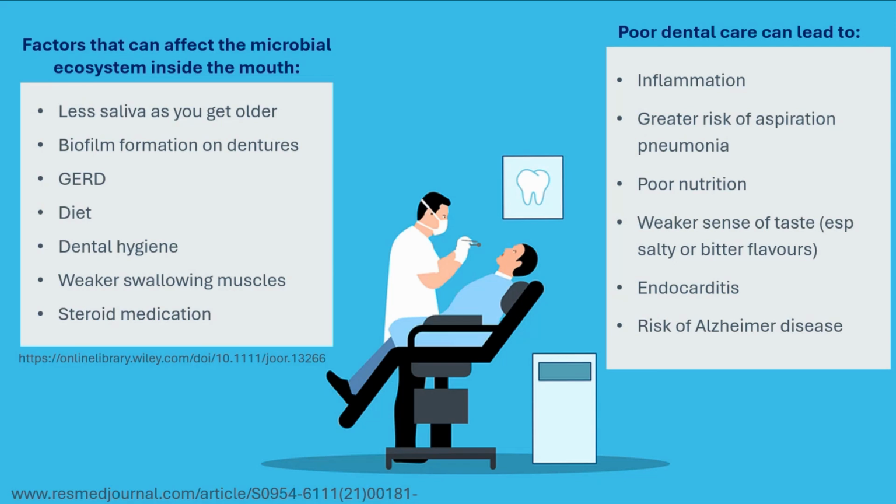Some of the things that can lead to is inflammation. Especially things like Streptococcus mutans, they are quite irritating. You can get quite red gums, and your immune system is affected by that. There's more of a risk of pneumonia and aspiration pneumonia, because if there's a lot more bacteria and more is going down your throat into your lungs, the chance of one of them causing an infection is higher naturally, especially while you're in hospital.